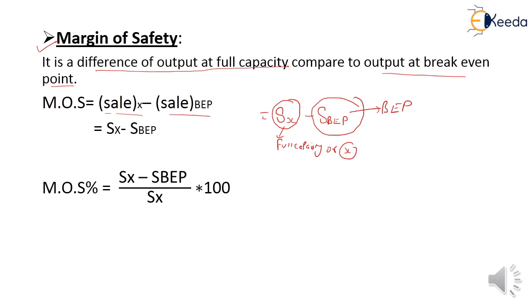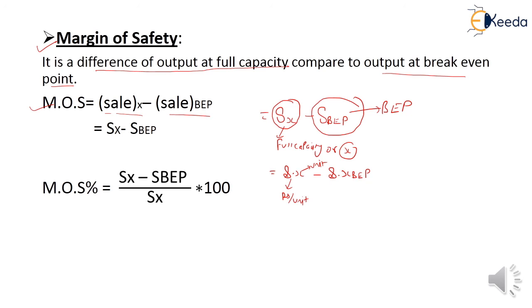So we write it as small s into x minus small s into x corresponding to the break even point. This s is the selling cost in rupees per unit, and this x is in units. Okay students, so the sale corresponding to x minus the sale corresponding to the break even point is nothing but the margin of safety.